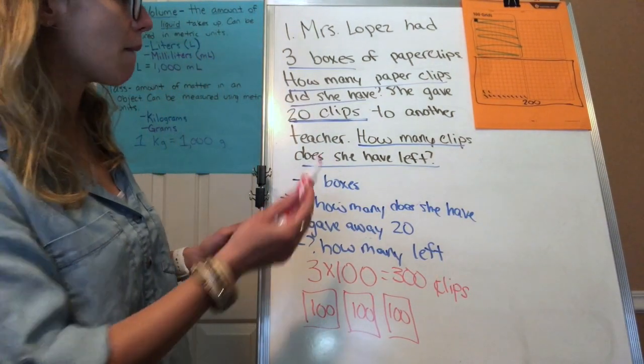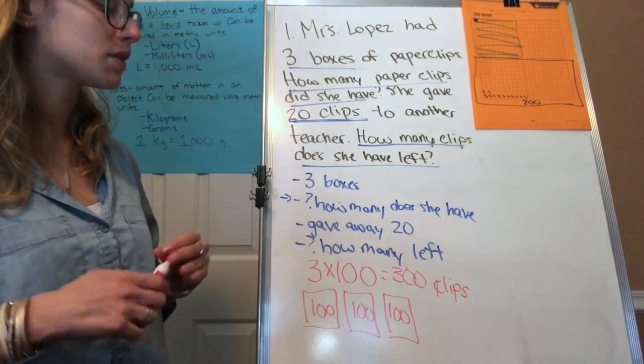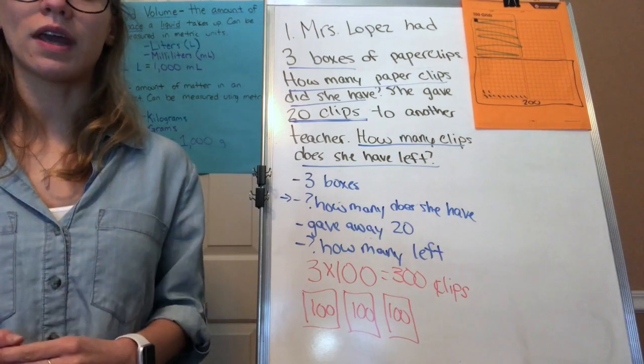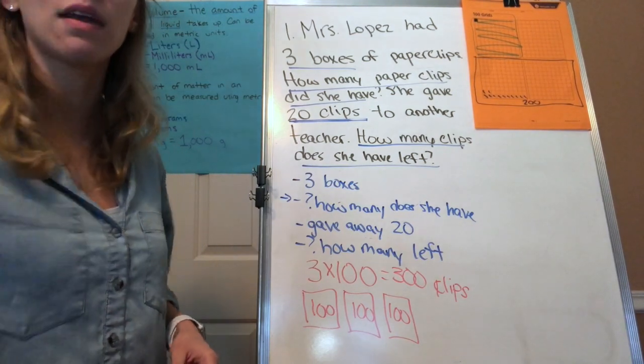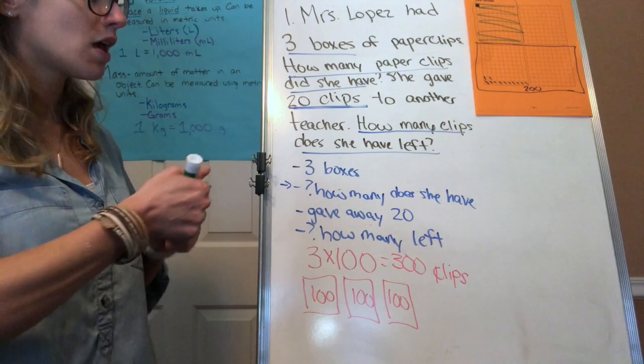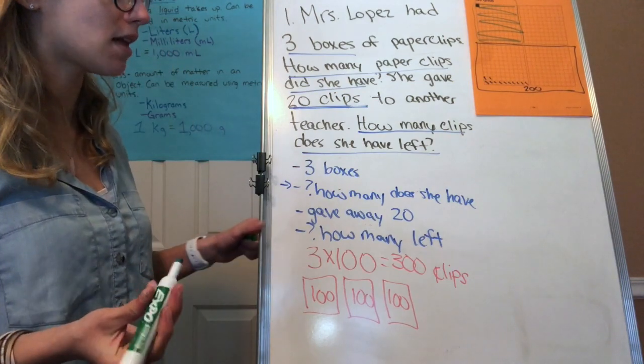So Mrs. Lopez had 300 clips, and then she gave away 20, which is our second part of the word problem. And we need to figure out how many she has left.